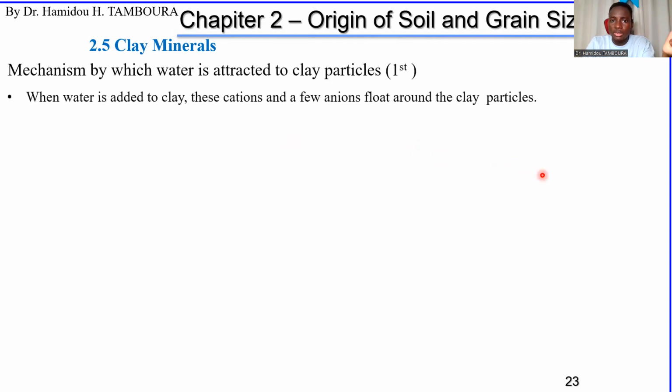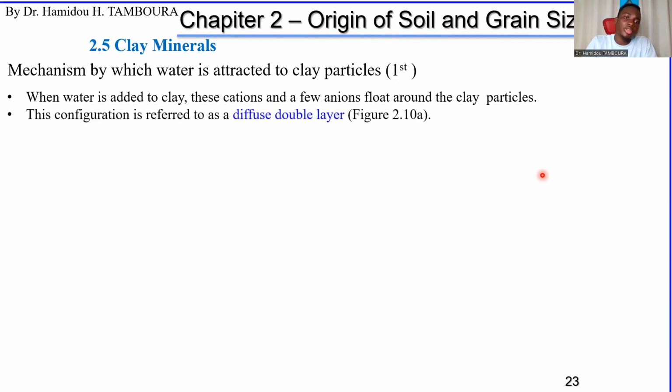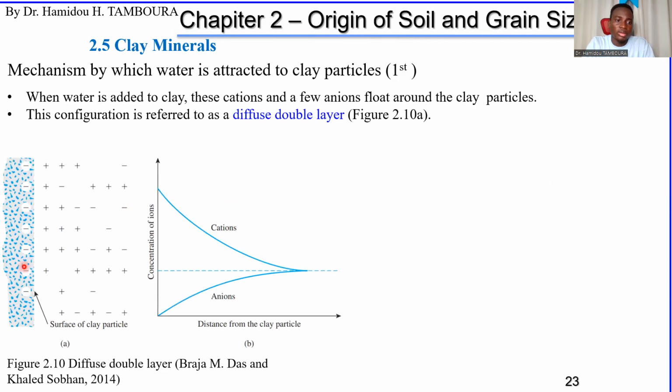After adding water, these cations and a few anions will float around the clay particle. This configuration is referred to as the diffuse double layer, as shown here.